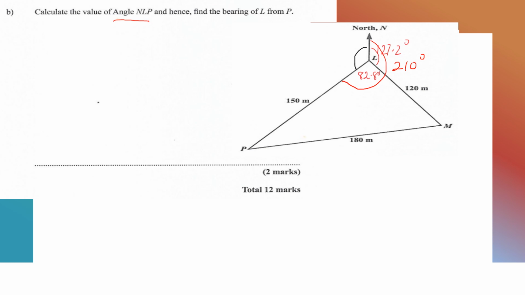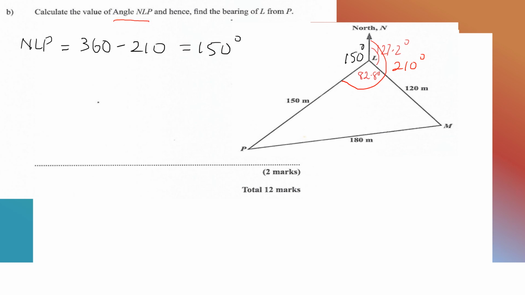So the entire angle is 360 degrees. So angle NLP is equal to 360 subtract 210. And we know that's 150 degrees. So let me erase this. This is going to be 150 degrees.